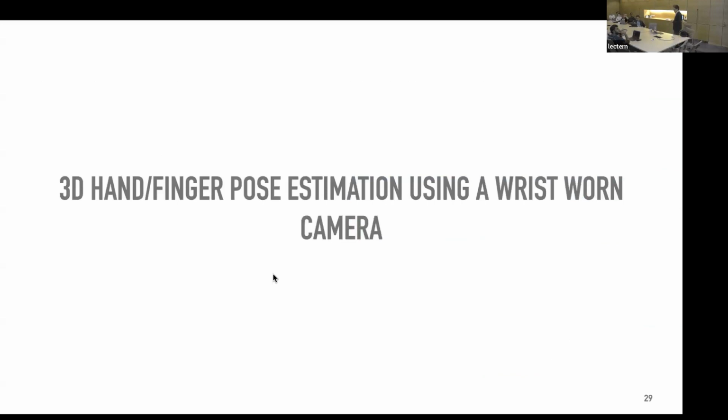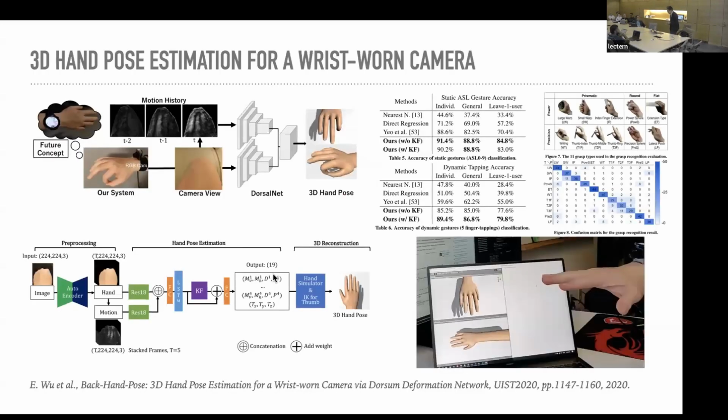So the next topic is 3D hand finger pose estimation using a wrist-worn camera. One of our motivations is to use these technologies to recognize our gestures, hand finger gestures.